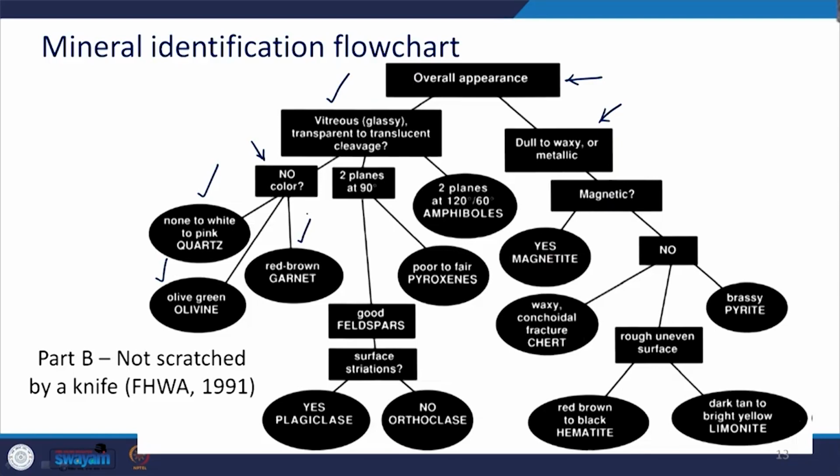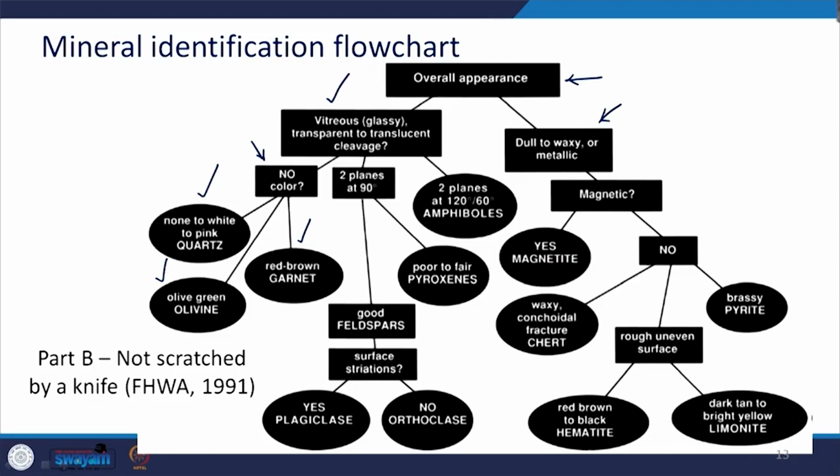Okay. Now, two planes. So, you see that first we see the appearance, whether it is vitreous or dull to waxy. Then we see whether the cleavage planes are present or not. So, in this case cleavage planes were not there. So, we looked at the color. So, there are 3 categories: quartz, olivine and garnet.